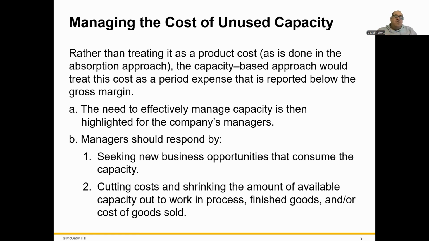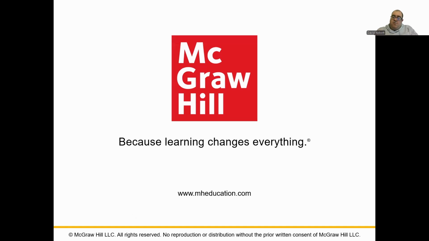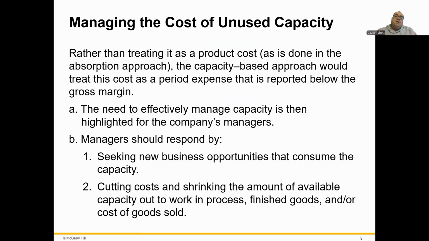So if that is all that they're going to end up selling and producing, maybe they could get a smaller machine where the cost would work better for them. So they could also work that out to understand that, so they can make changes to utilize that. So these were just a couple of different ways you can look at it to help you make some different types of business decisions.